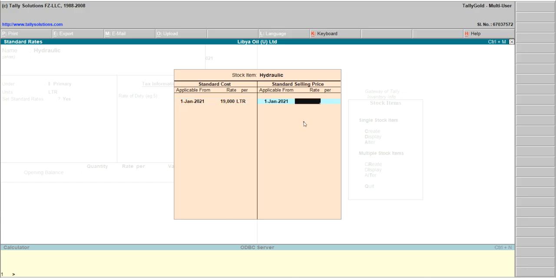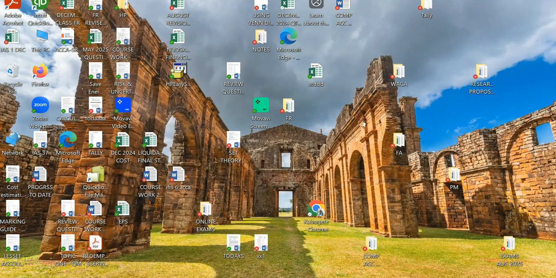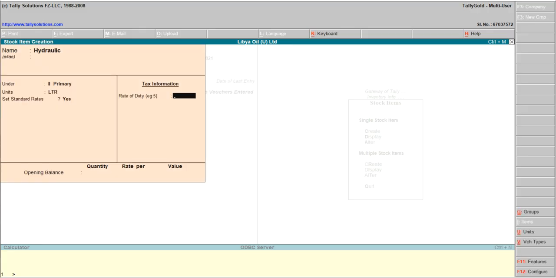And what's the selling price for hydraulic? That is 25,000. Then rate of duty, that's 18. Quantity is 40. The rate is 19,000, giving 760,000. We save, accept.